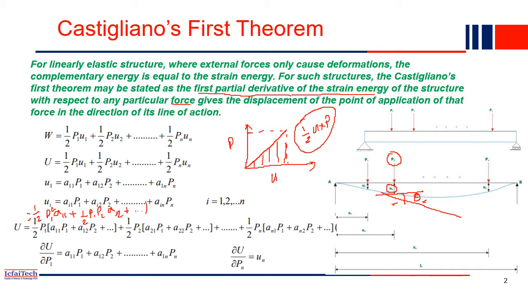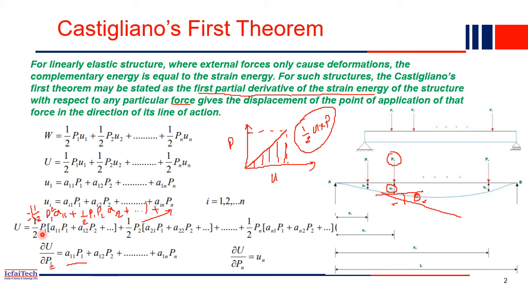This is the first term. Now if you differentiate with respect to P1, the 2 from P1 square will come out, so the 2 will cancel out, and the only remaining part is A11 P1.